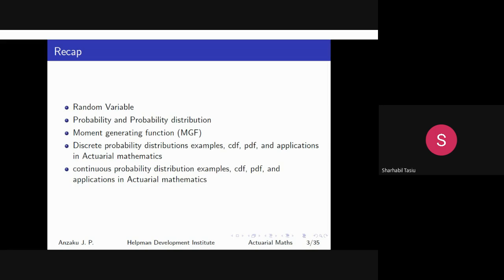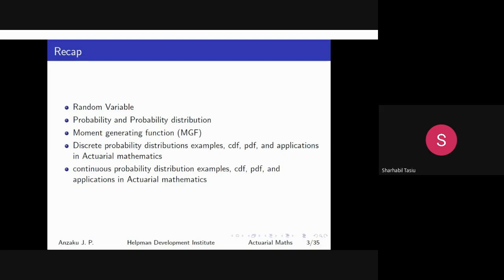And we say the moment generating function is useful because it helps us to derive some properties of a particular distribution. It can be the skewness or the kurtosis and so on and so forth. We also talked about the discrete probability distributions. When we say discrete, in practice we are looking at a discrete value like an integer, 1, 2, 3, and so on and so forth.